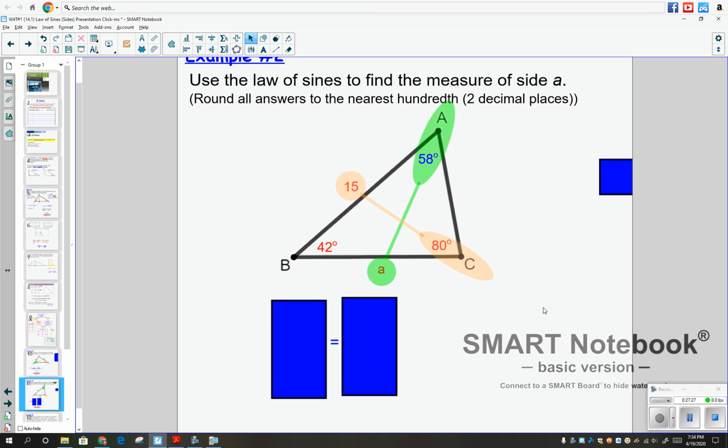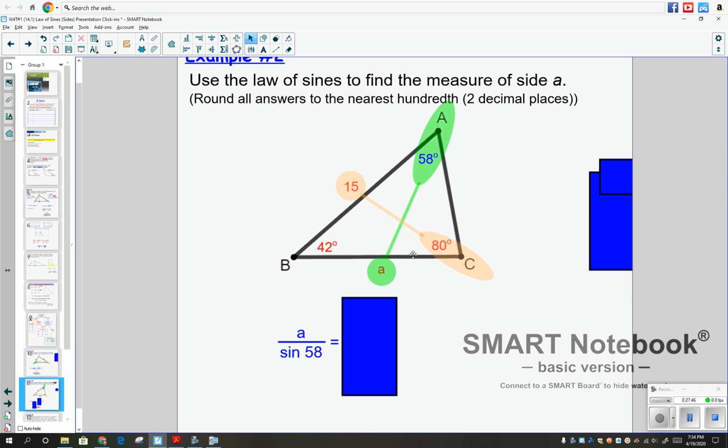So when I do sines, I'm going to write my ratio. Put the variable I want to solve, which is side A, on top. A over what? Well, that's a side, so it's going to be A over sine of the angle that is opposite of side A, which is 58 degrees. My other ratio then is going to involve my other opposite pair.